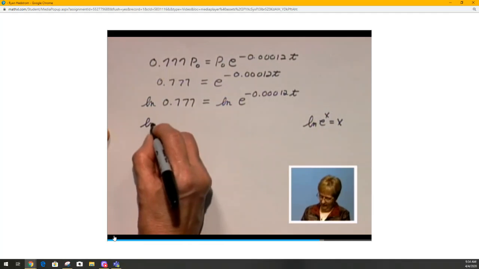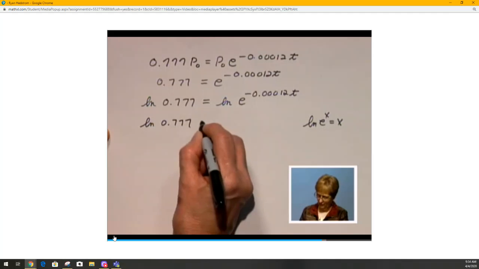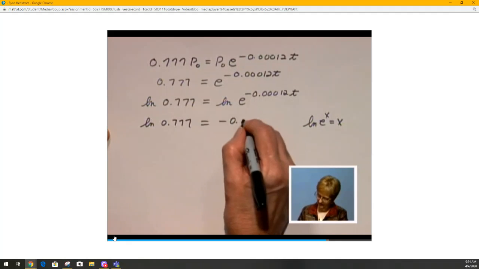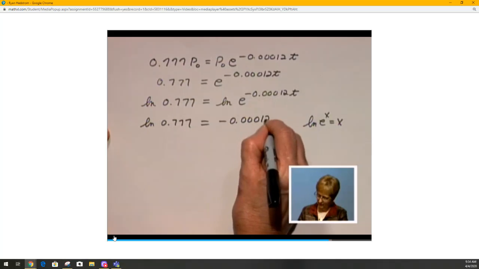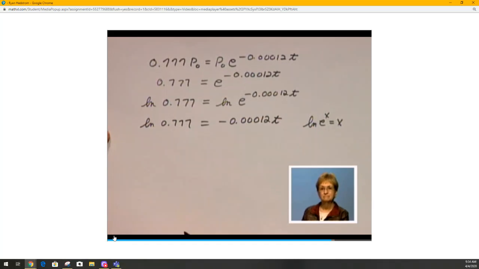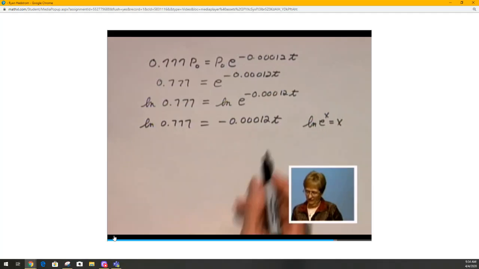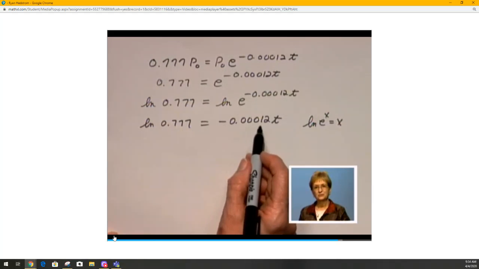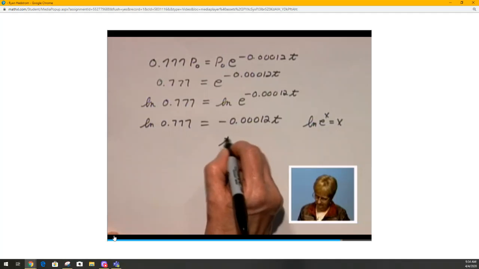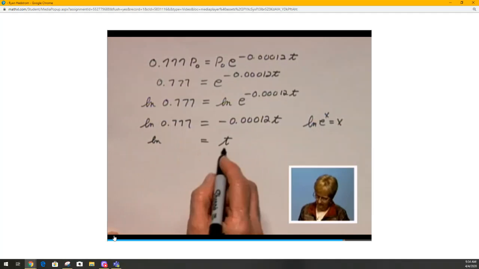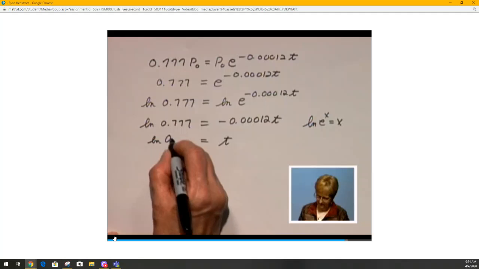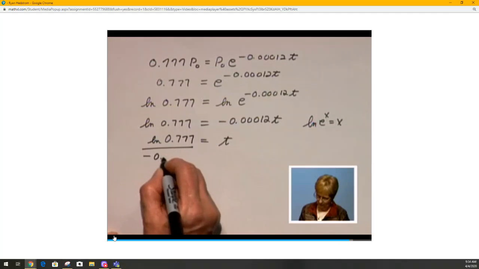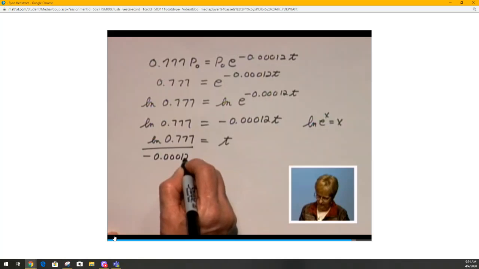So we can rewrite the expression on the right as negative 0.00012 t. Solving for t, we'll divide on both sides by negative 0.00012, and we have t equals the ln of 0.777 divided by negative 0.00012.